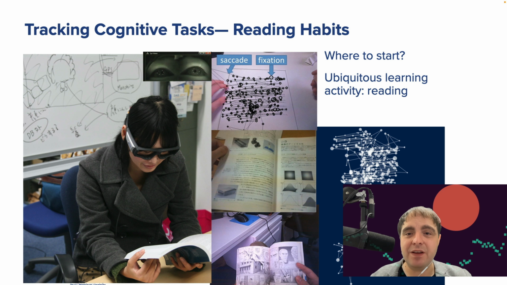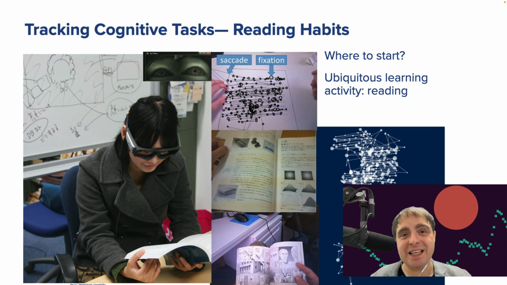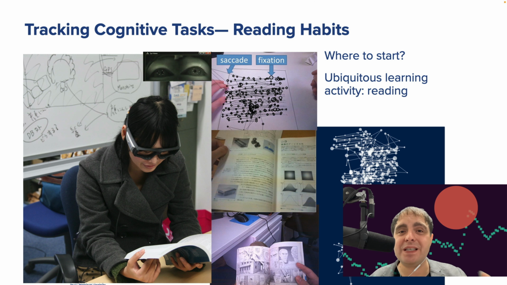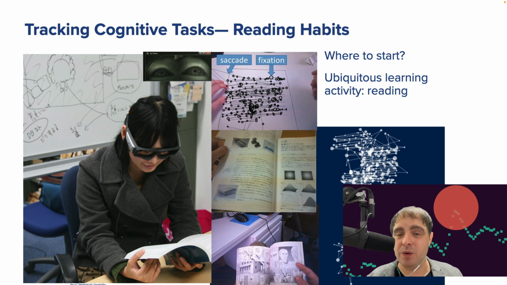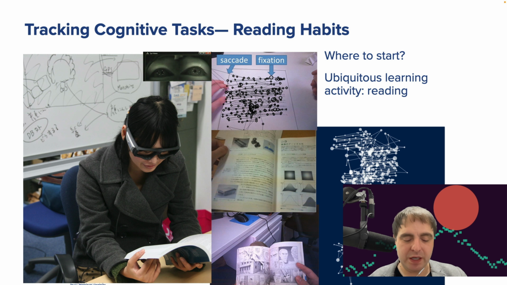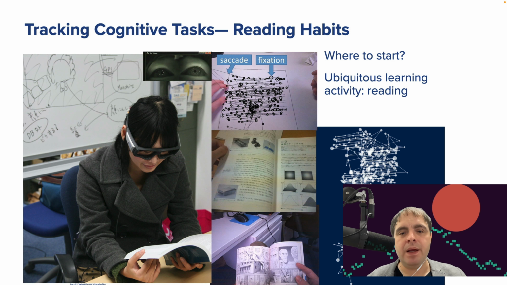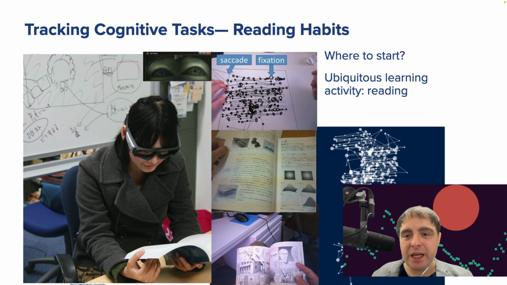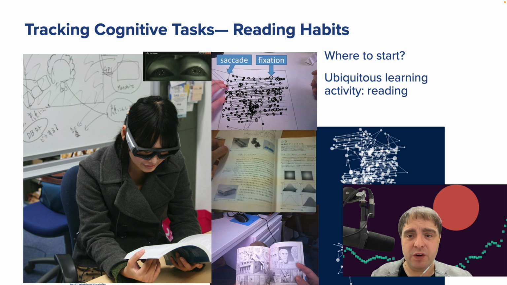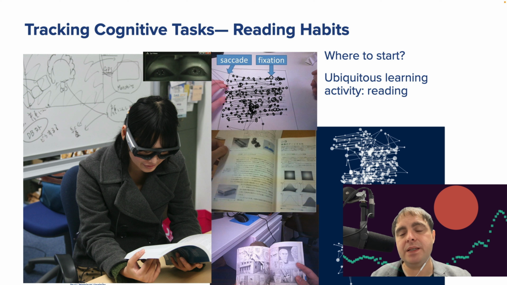However, for reading, you can see if somebody is reading. You have the eye movement left and right, and you can also assess it with a comprehension questionnaire, or just by asking them about what they were reading and experiencing. So we started with reading using eye tracking. We could detect if somebody is reading or not, just based on the eye movement, and also how much somebody is reading.